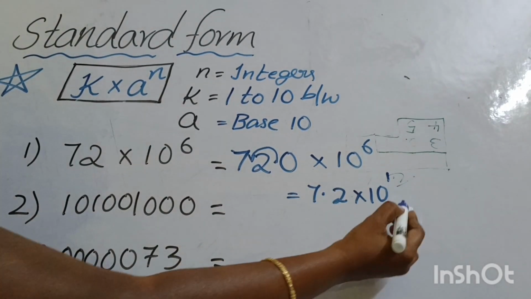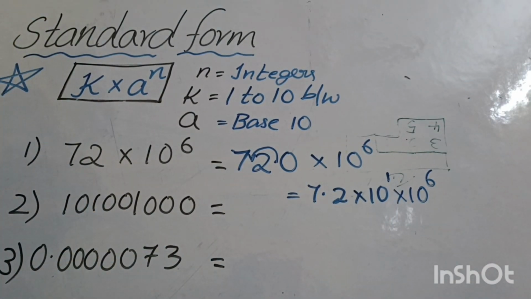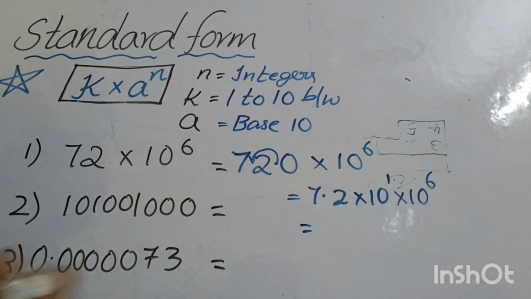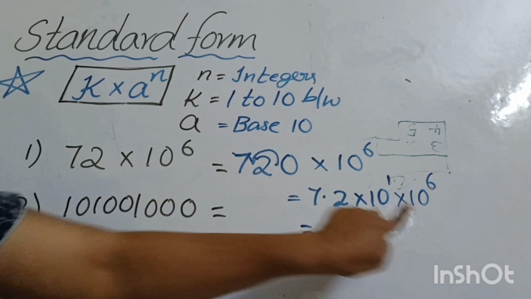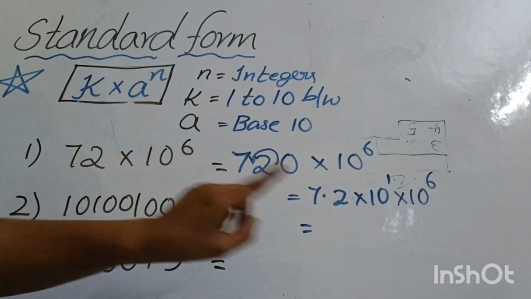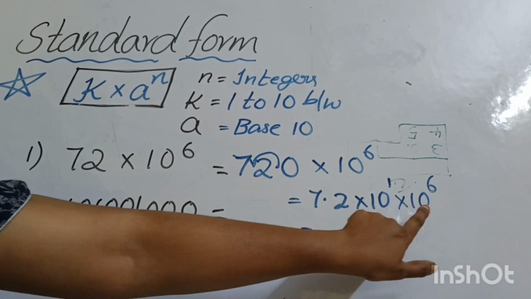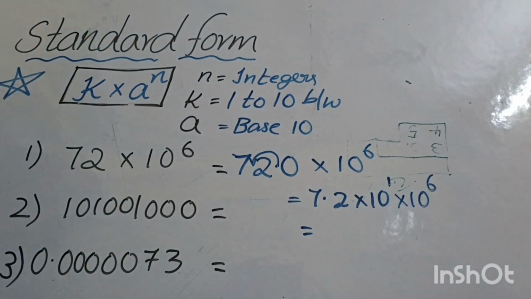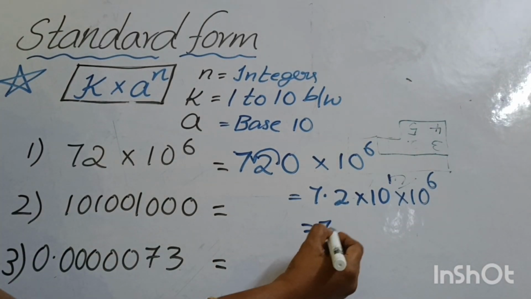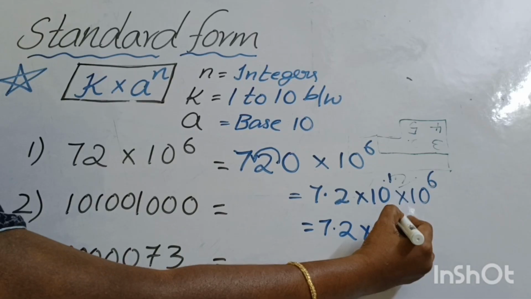Yeah, and in the question one more 10 is already there with power 6. So then we need to simplify, because in our structure there is only one base 10, it should not repeat. That's why we have to simplify these two. Both bases are same, so what we have to do, children, is add the powers. So 1 plus 6 how much?